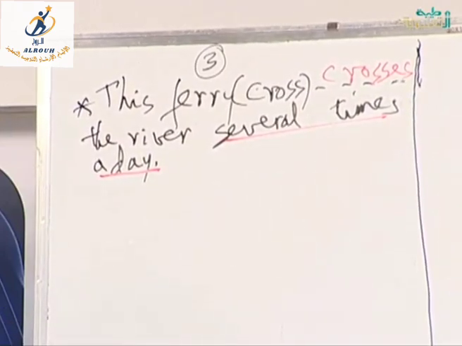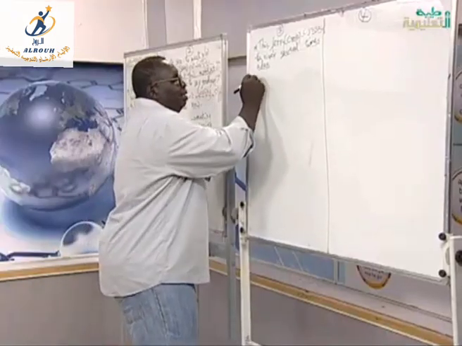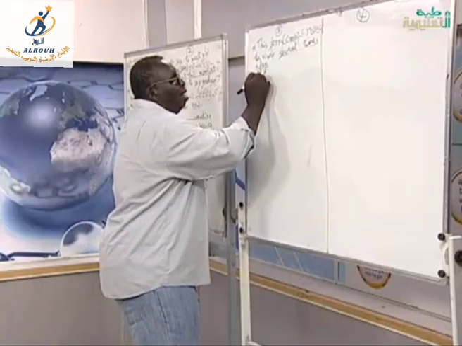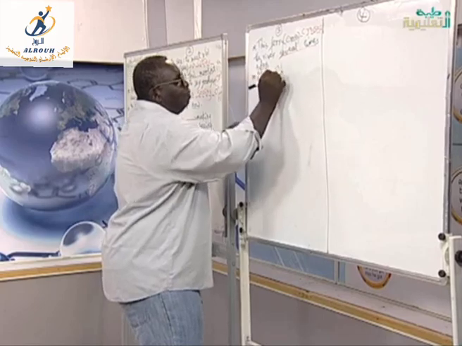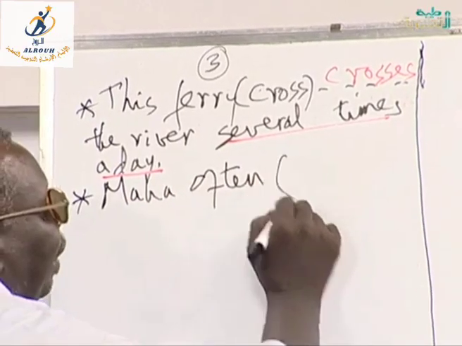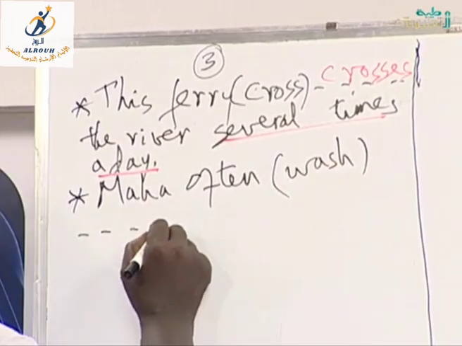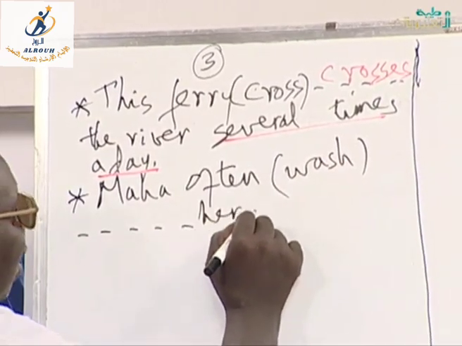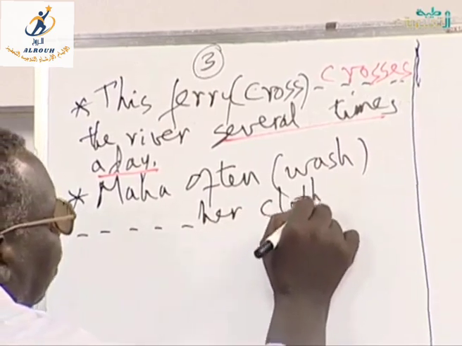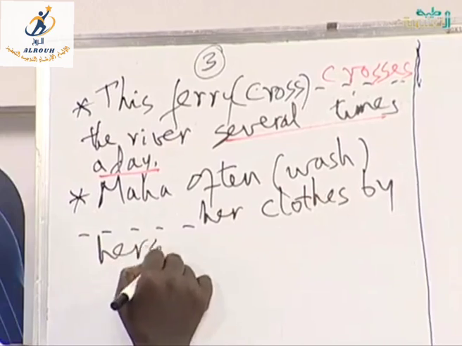Let me write a third example, مثال ثالث. You say, Maha often, we have the verb wash, dots, her clothes by herself.